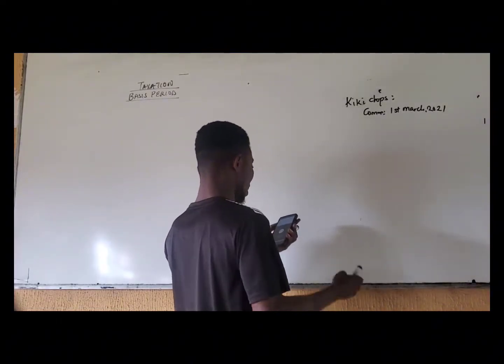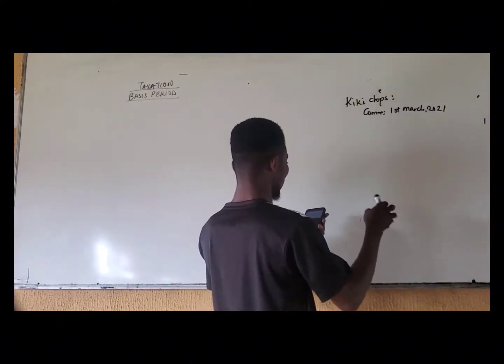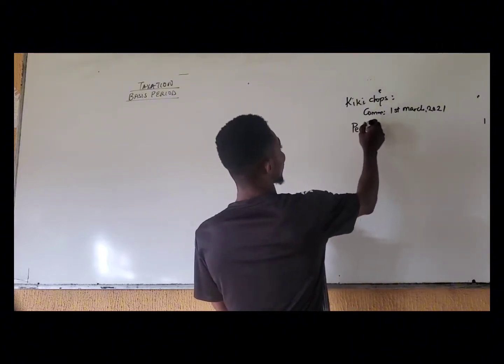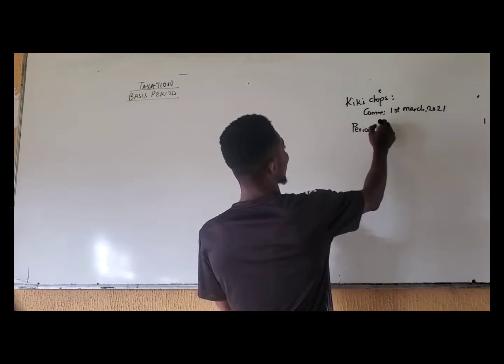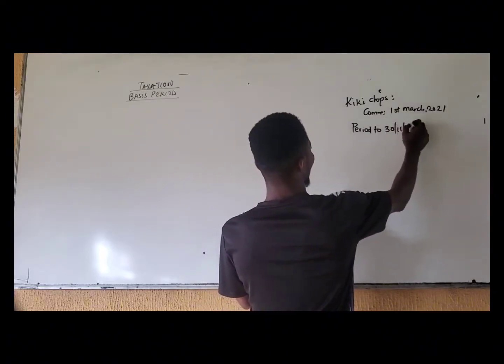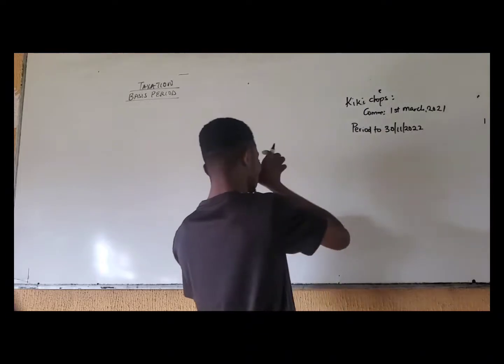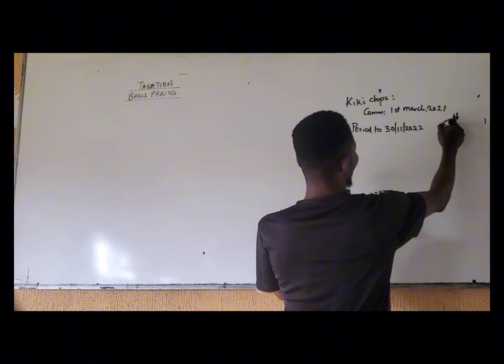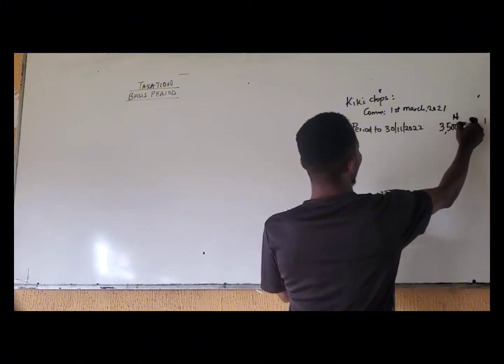The next, we are told that the following statement was extracted from their records. Period 2, 30th of November. So this one now is not 31st of December again. 2022. The amount is 3,500,000 naira.